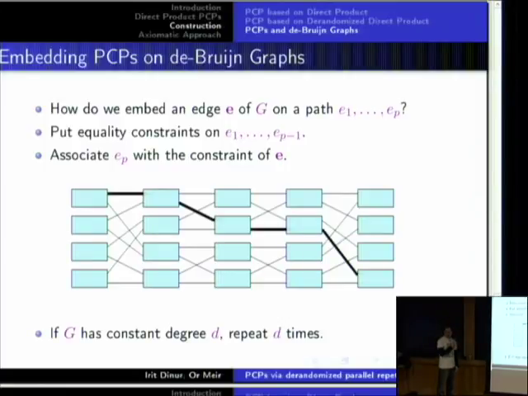Just use a larger alphabet and so on. It's not really interesting, but as long as this is a constant number of edges, or even a poly-logarithmic number of edges, this can be done. Whatever it is, you're going to lose it in the soundness. Yes, but this is true even if I have a constant degree.